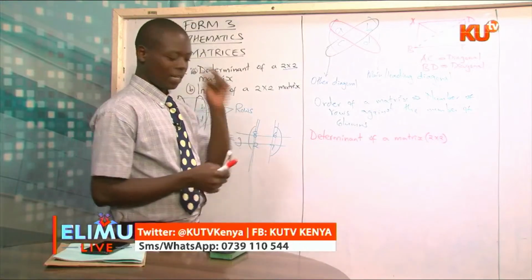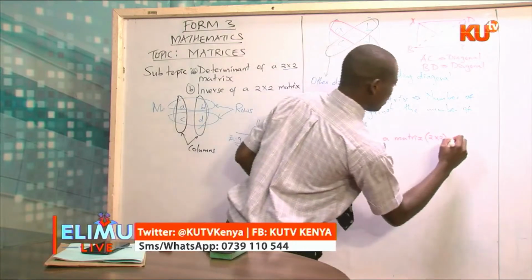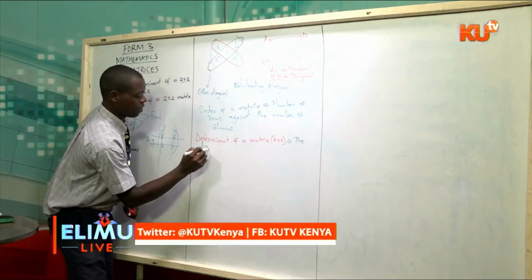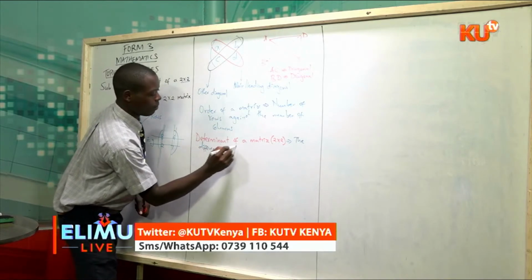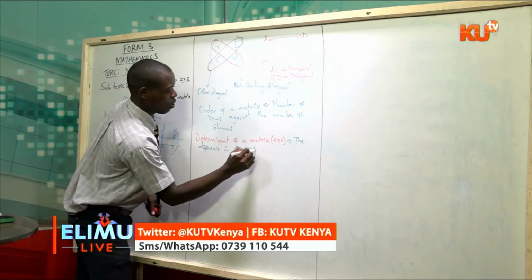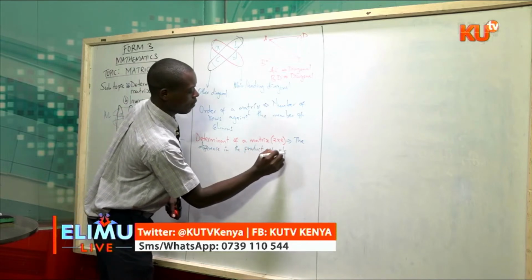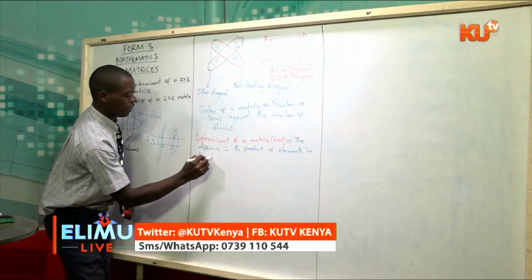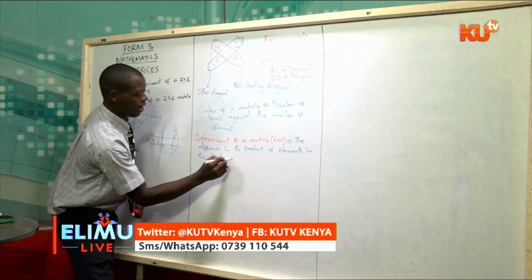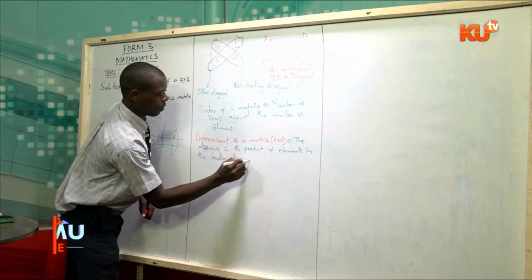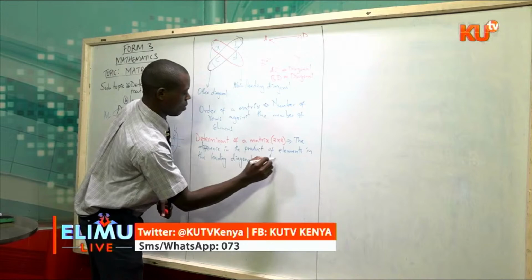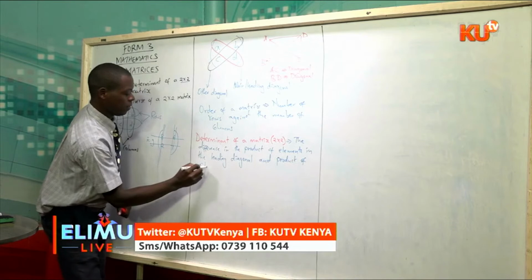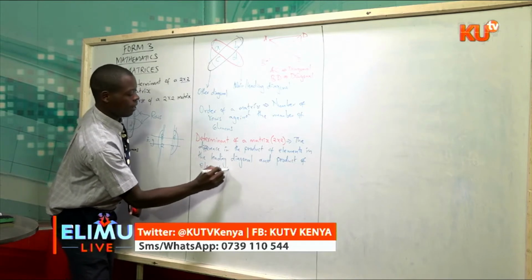The determinant is simply the difference in the product of elements in the leading diagonal and the product of elements in the other diagonal.